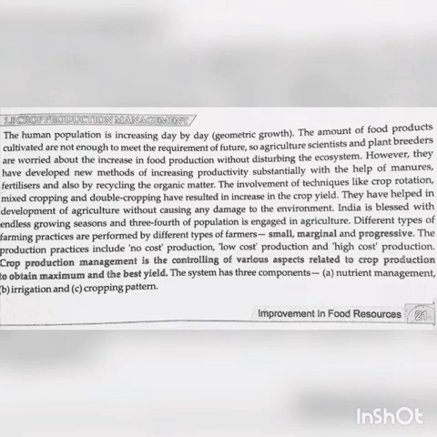Crop production management is the controlling of various aspects related to crop production to obtain the best yield. The system has three components: nutrient management, irrigation, and cropping pattern.